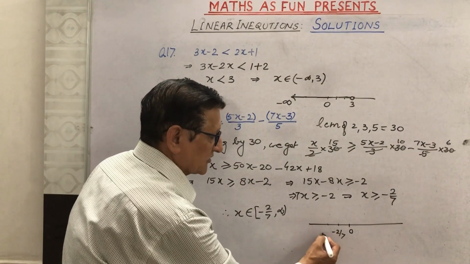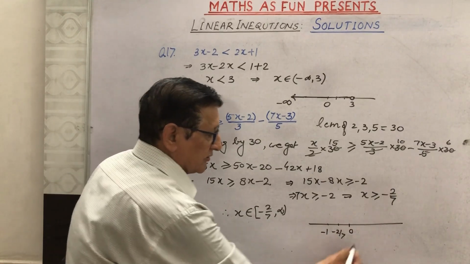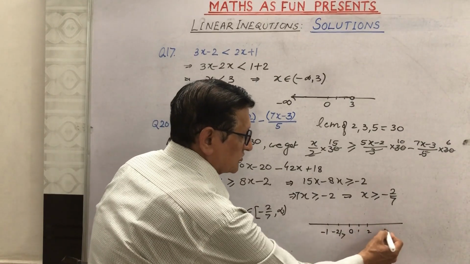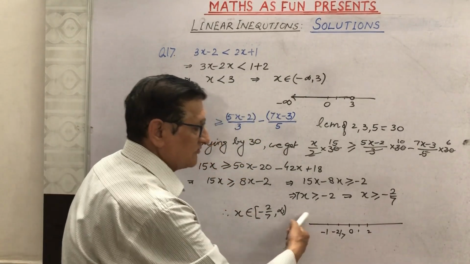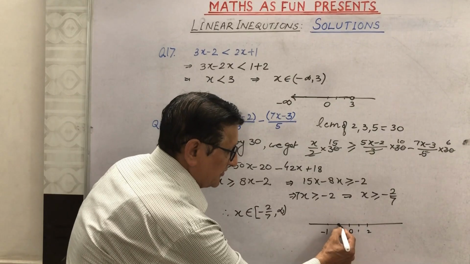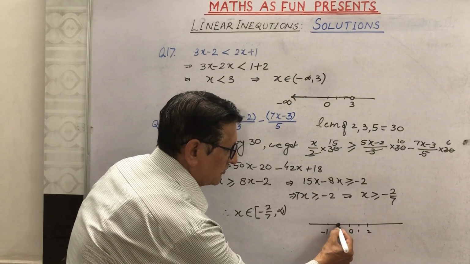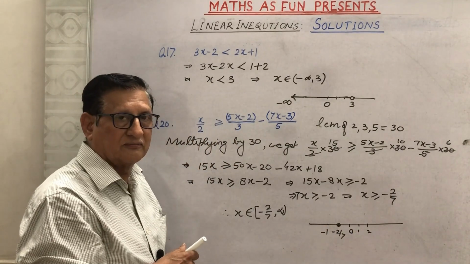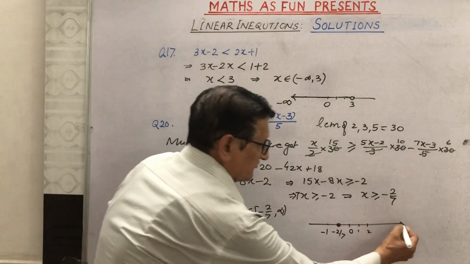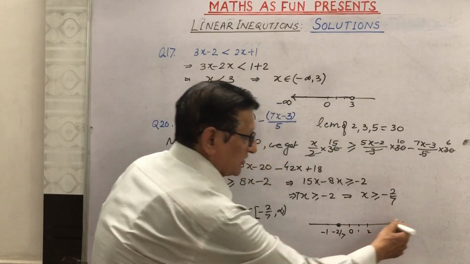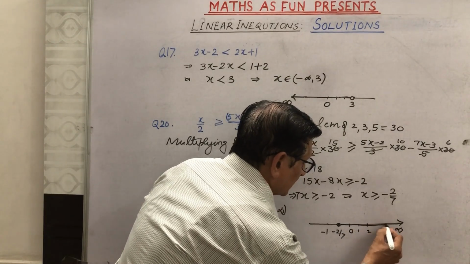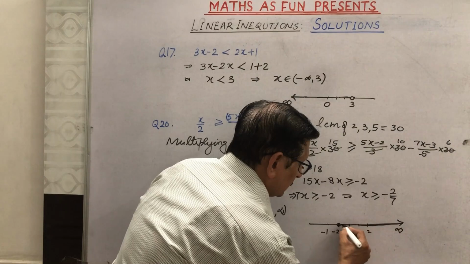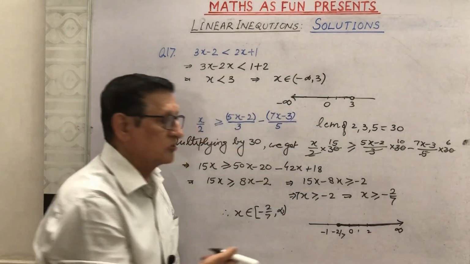This is suppose minus 1, and then we mark here 1, 2 and so on, and since we have to take minus 2 by 7, this is included, so this will be a filled bubble, closed one. Towards positive infinity, we mark it with the arrow and then we darken this particular part of the line. So this is the solution of the inequation given to us.